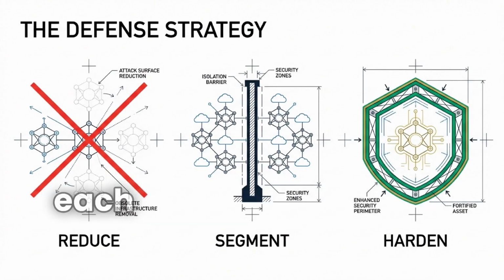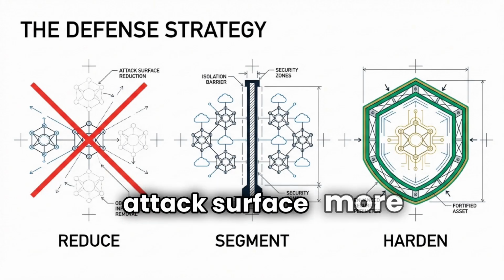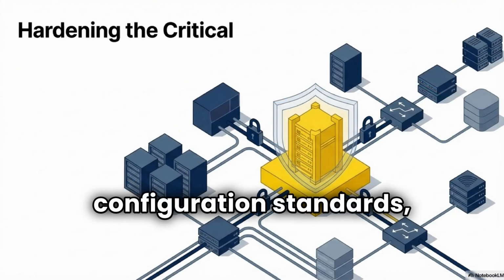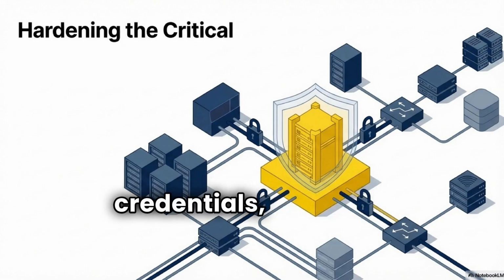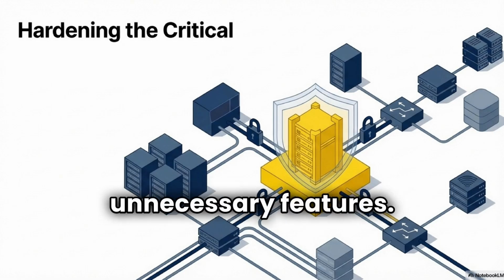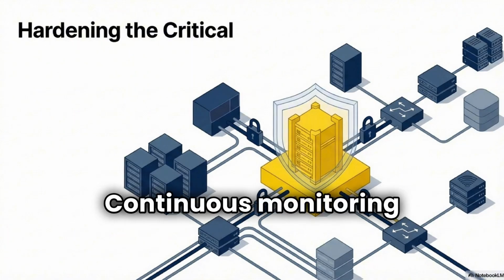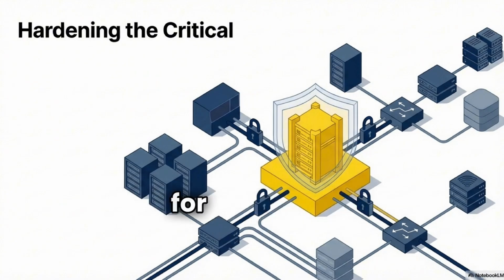Hardening is about making each component of your attack surface more difficult to exploit. Patch management, configuration standards, removing default credentials, disabling unnecessary features. You're reinforcing each entry point so that even if it's part of your attack surface, it's not an easy target. Continuous monitoring means watching your attack surface for changes.